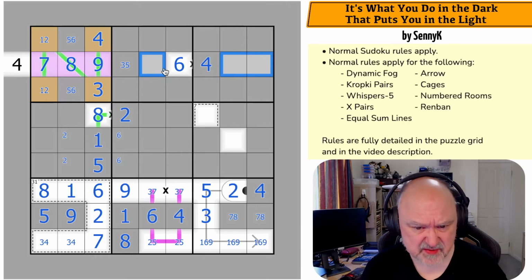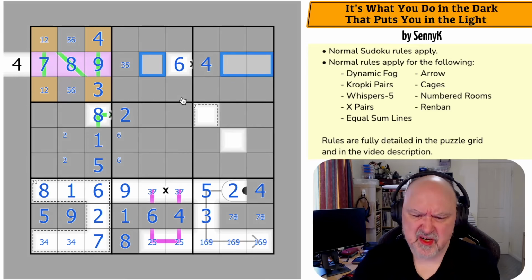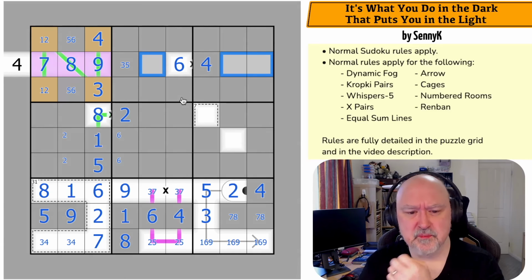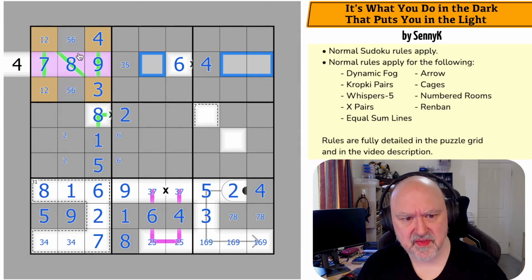So the rest of it is meh. Yeah, the dynamic fog without clearing is not... No, as I said, fortunately you can just check. But even if putting these digits in cleared their own cells, I think it would feel better.